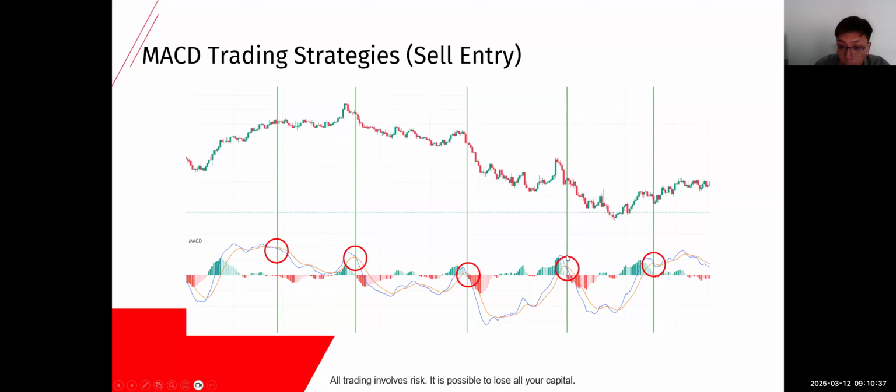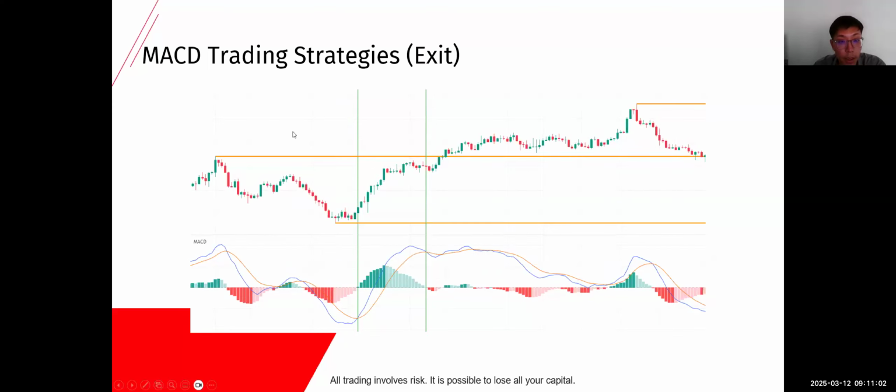Then you can see there is another significant crossover here as well as here. But here, once it crosses below this orange signal line, it crosses back above. So this is considered a weak signal.